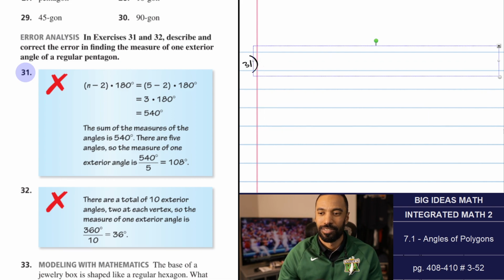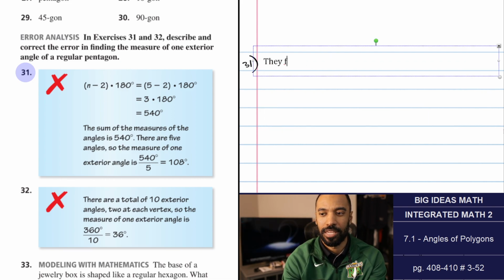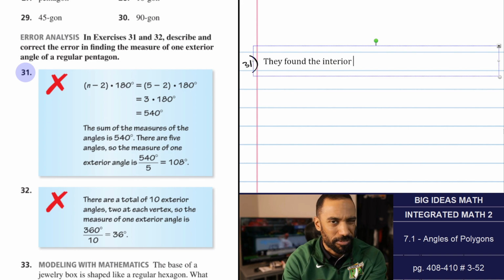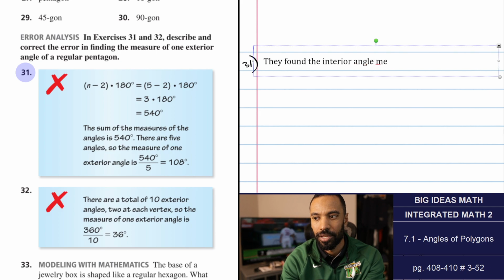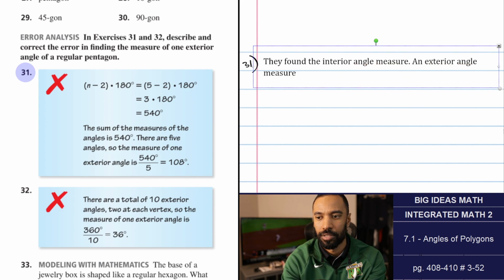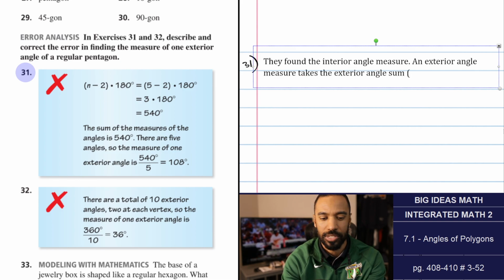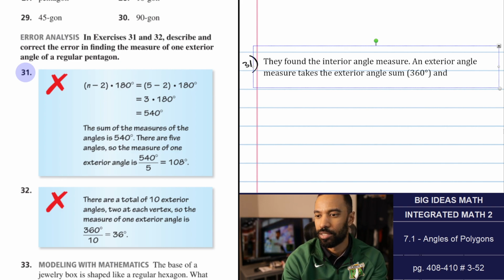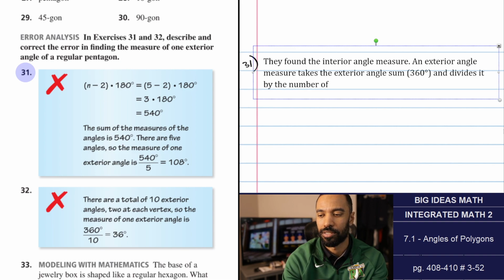So they did the 180 times n minus 2 thing. That's the number of triangles inside of the thing. An exterior angle measure takes the exterior angle sum, 360, always 360, and takes it and divides it by the number of sides.